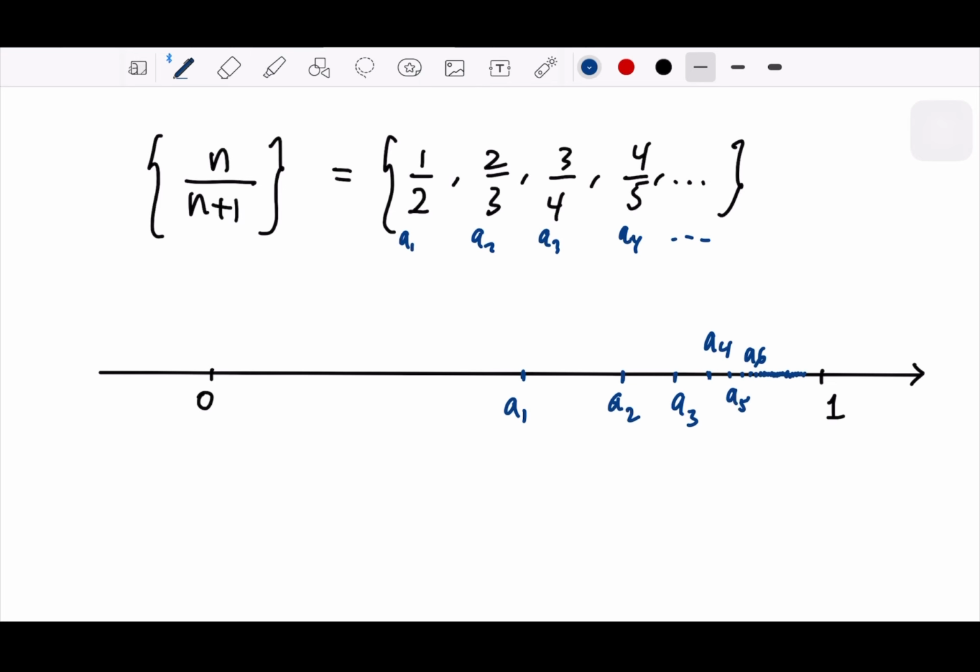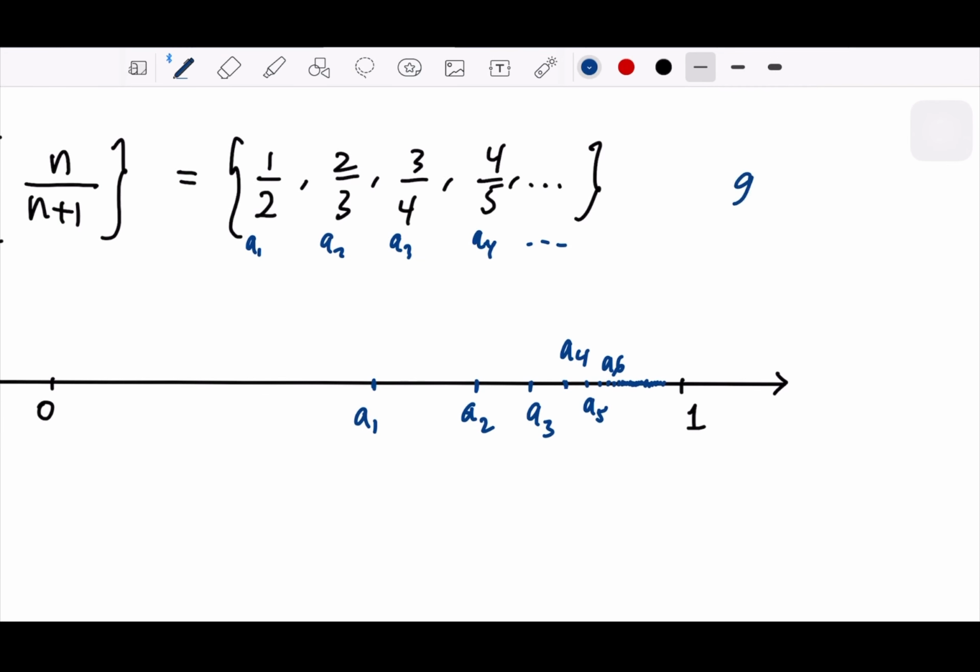For example, if we have n equal 99, we will have 99 over 100, which is very close to 1. If we have 9999, it will be over 10,000, right? So if we increase n larger and larger, we will see that it gets close to 1, but it never reaches 1. It will just be as close as it is, it will never be 1.